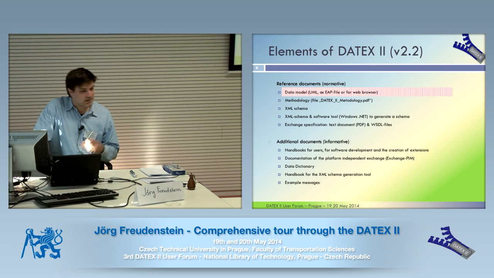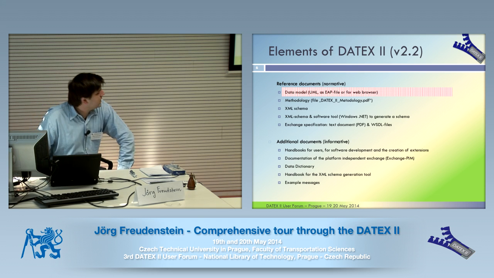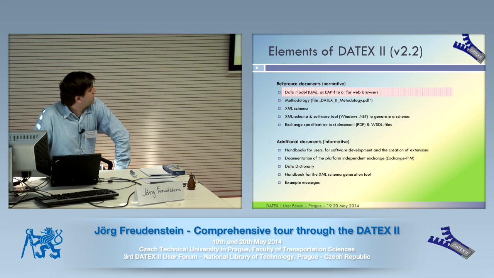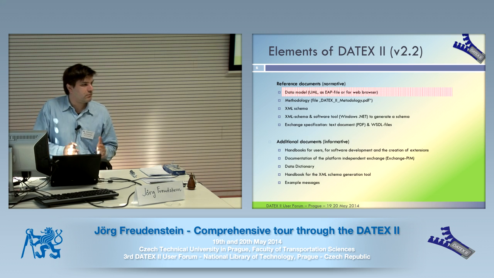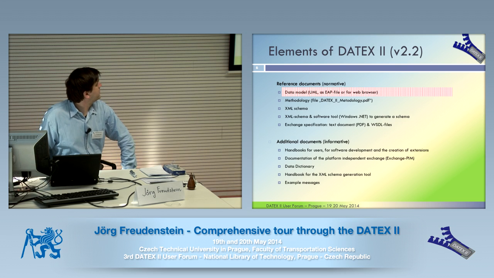Each version consists of a set of different documents, and what we have is the data model, which is actually present as an Enterprise Architect file. We have this methodology document. We have a schema, which is a general schema. I will explain today that it is very useful to sharpen a schema and to make your own schema, which is smaller than the general schema which is available here.